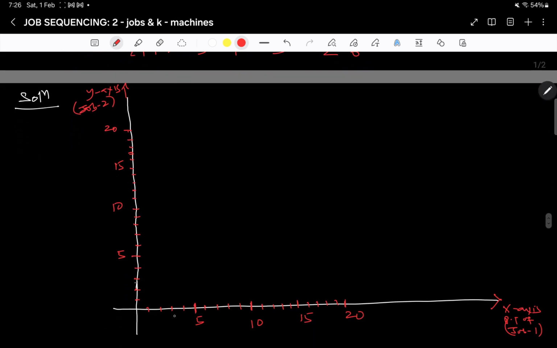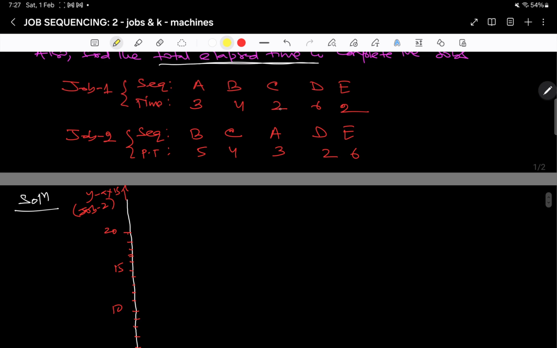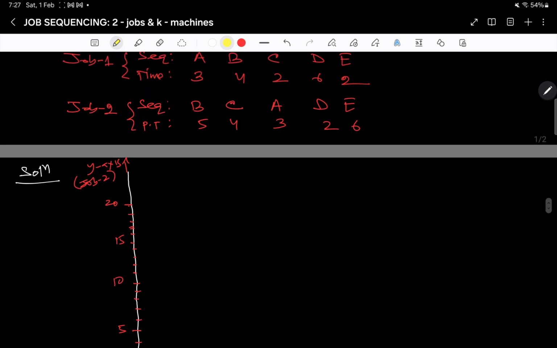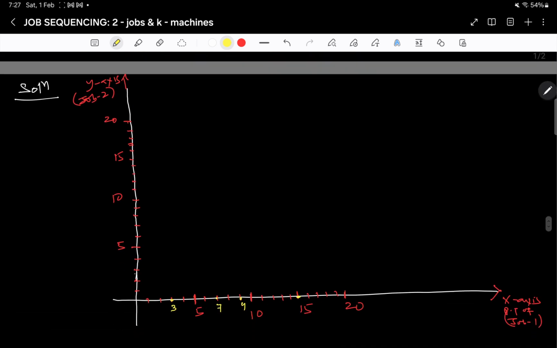It is 3, you mark it, 3, then 4 means it will come to 7, then 9, then 15, then plus 2, 17.